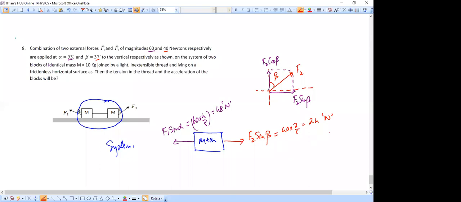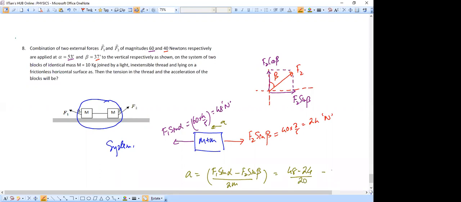Okay. So you can see that this system will have an acceleration towards this direction. And that acceleration will be F1 sine alpha minus F2 sine beta divided by the total mass. So it will be 48 minus 24 divided by the total mass, which is 20 kg.